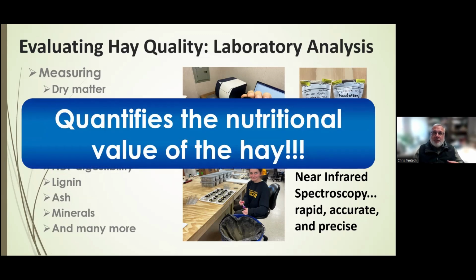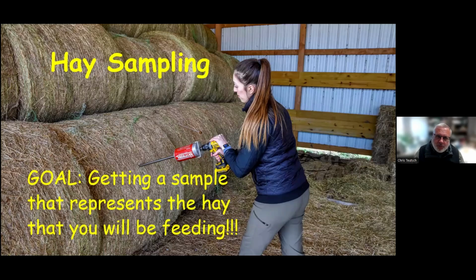So we're quantifying with the laboratory method the nutritional value of the hay, and that allows us to say, yes, it's going to meet the requirements of the animal, or no, it is not. And I know you guys have done a lot of this in the Eastern Kentucky hay contest, but getting a good hay sample is really critical.